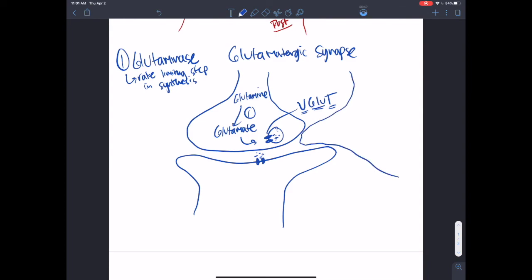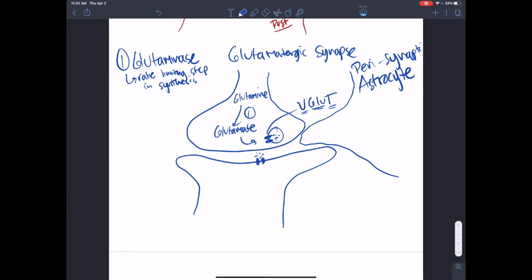So in this case, you have an astrocyte. Oftentimes it's called a perisynaptic astrocyte because peri means around. So it's the astrocyte or a glial cell that just basically envelops this synaptic cleft.